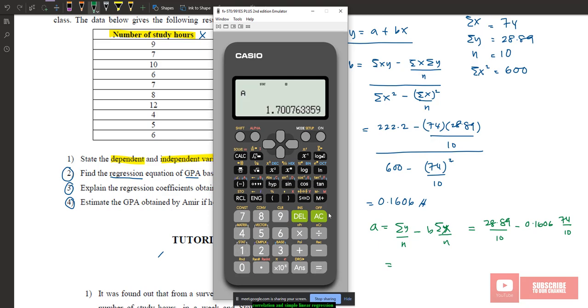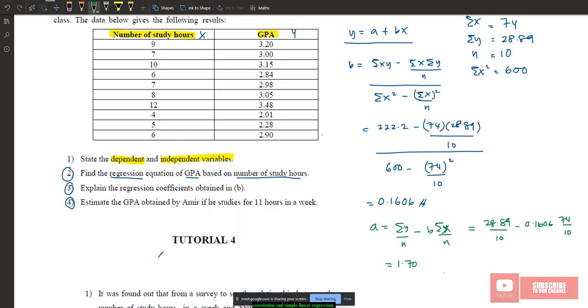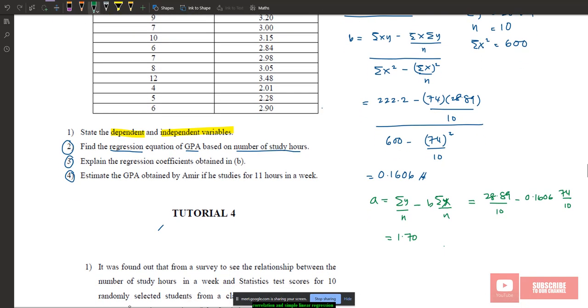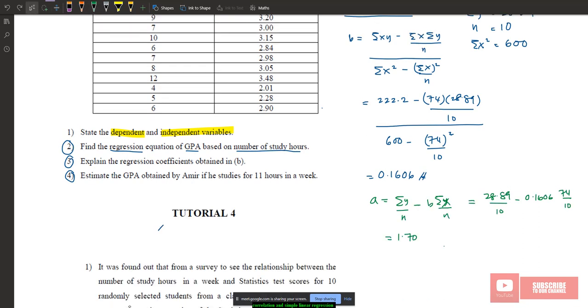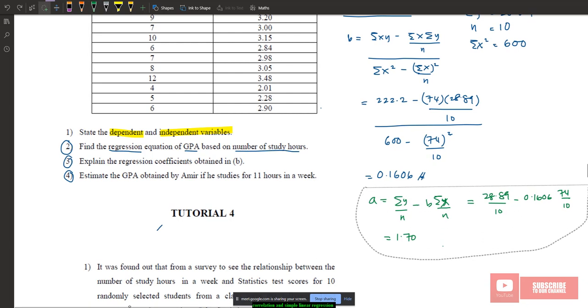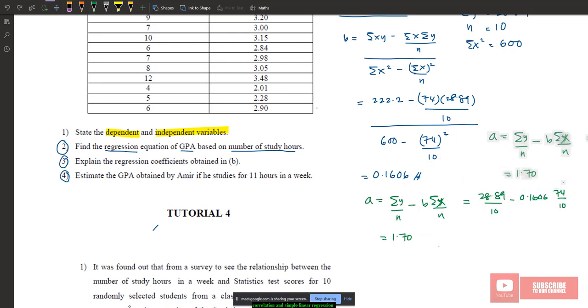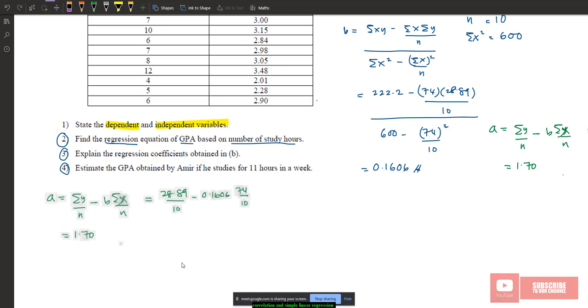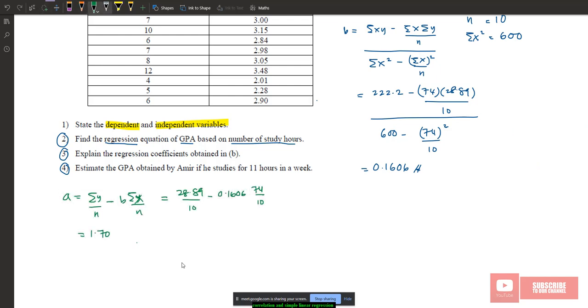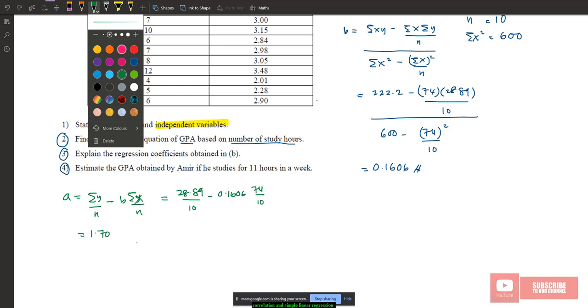So this one is 1.70, is it? Yeah. So the regression equation here should be, let me use another color.